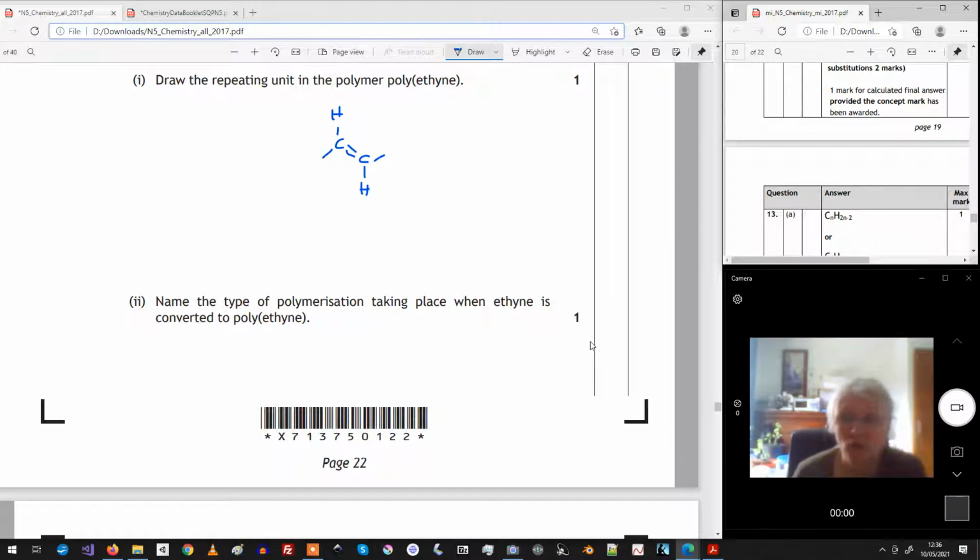Addition is when lots of little monomers get added together, and condensation is when you have two different types of monomer, and every time they link together, a water molecule or some smaller molecule gets condensed out. So every time there's a link, another molecule gets thrown away, the smaller one. That's condensation. This was just straightforward addition.